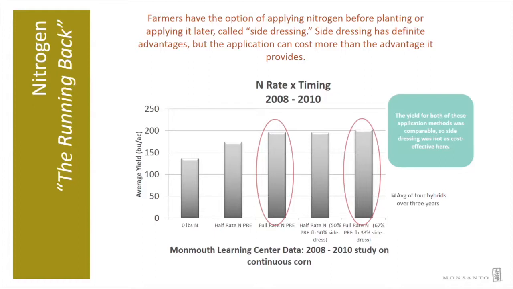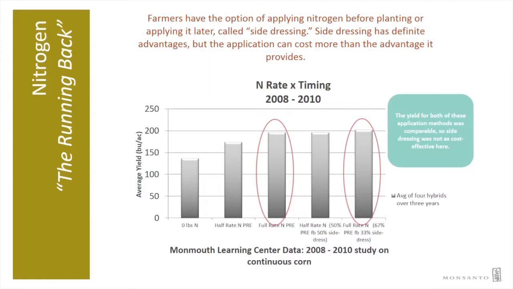You can see here another graph from our Monmouth Learning Center also shows the N rate by timing. So we also talked about putting it out full rate of N pre-plant incorporated, and then also splitting it 50-50 or 2/3, 1/3, 75%, 25%, whatever you guys want to choose is certainly up to you.